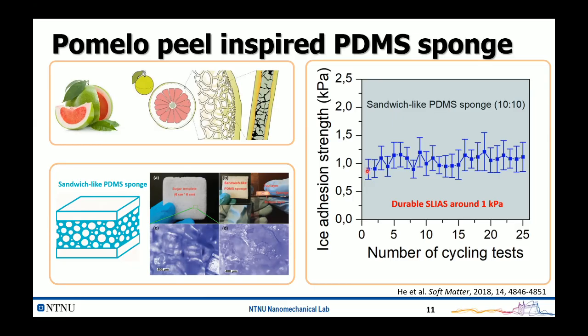And it's a very nice result: with this cyclic de-icing test, we can have very stable ice adhesion, about 1 kilopascal. This echoes Professor Guo's talk that we really care about the durability of the material and how it works long term in the operation conditions.